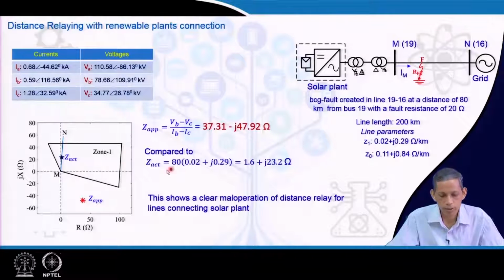That 80 km corresponds to 80 times the positive sequence impedance of 1.6 23.2, which should be the correct apparent impedance the relay should be able to calculate.